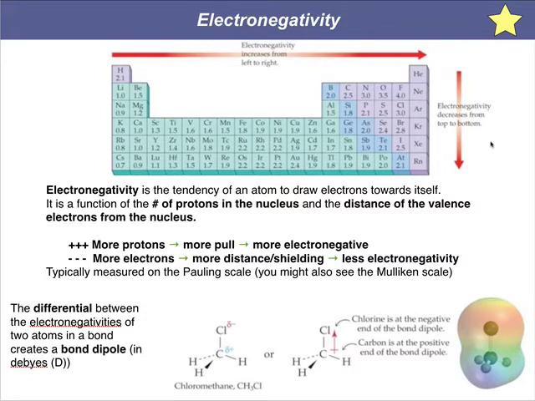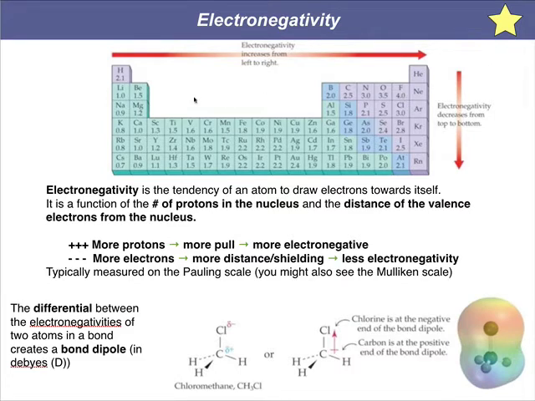And so it figures that if there's a balance, there's going to be some place where this property is maximized. And it turns out that that place is fluorine. Fluorine gives us the optimal combination of positive charge in the nucleus and electrons that are close enough to that charge to actually feel it without having too many other electrons getting in the way.